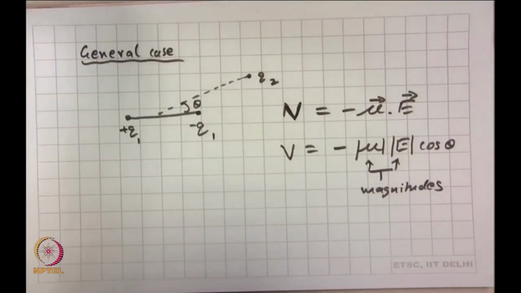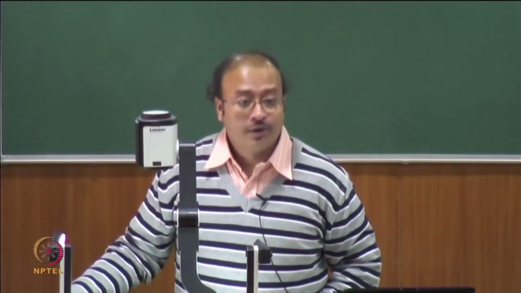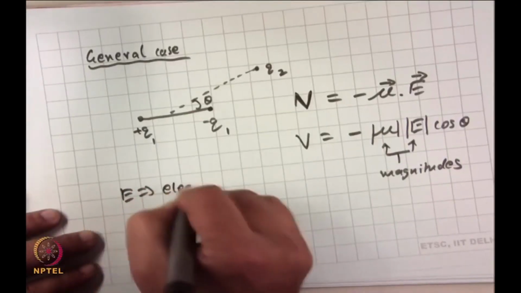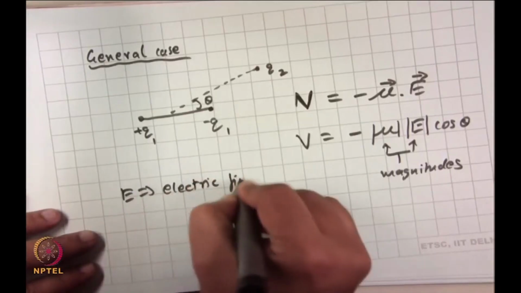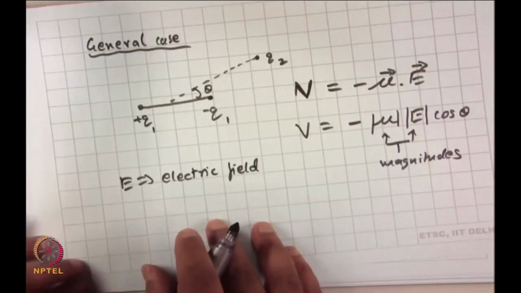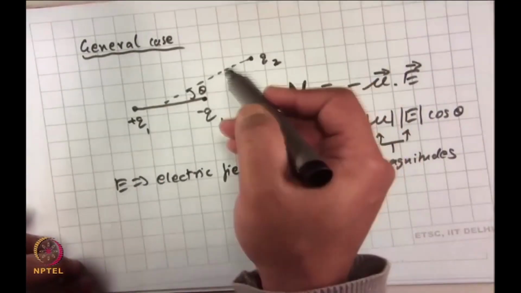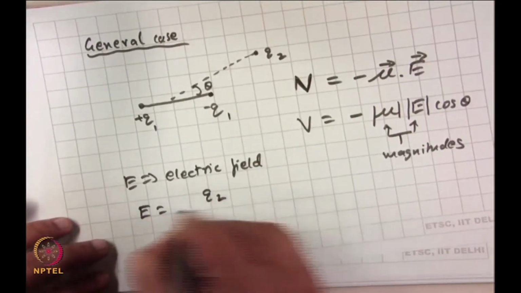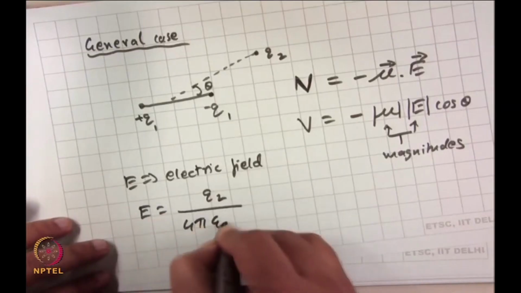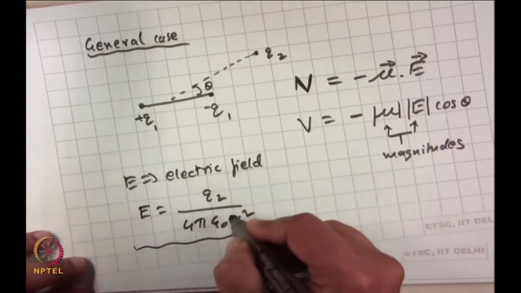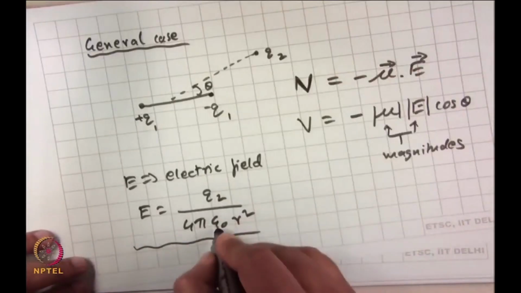But what you do not know is this E is the electric field, which is given out by Q2, essentially the charge, and this electric field can be written as Q2 by 4 pi epsilon 0 r squared. Now this can be derived, we will not derive this. So the electric field from the charge is Q2 by 4 pi epsilon 0 r squared.